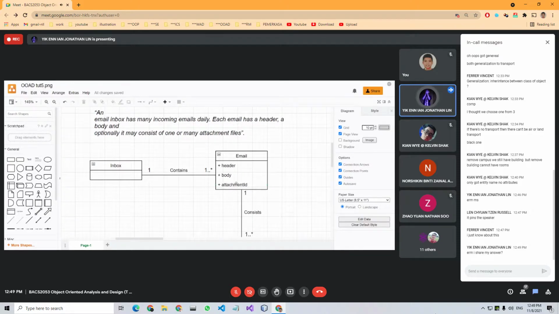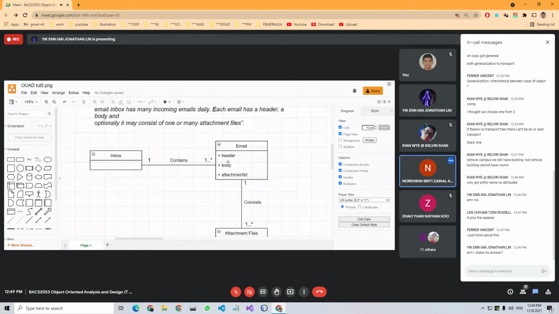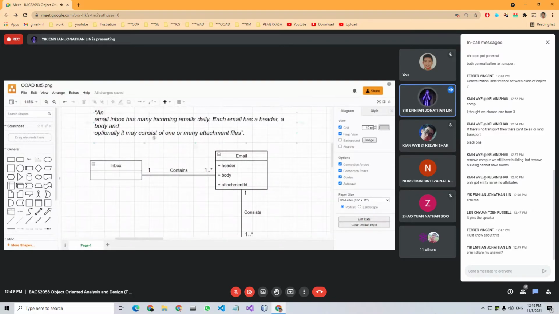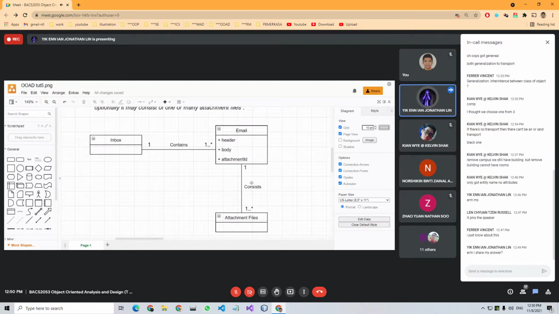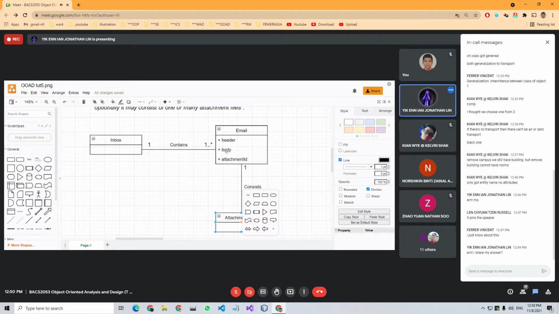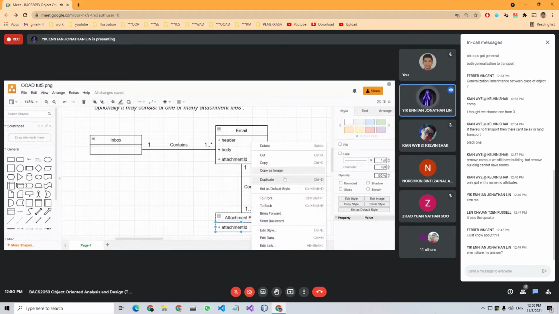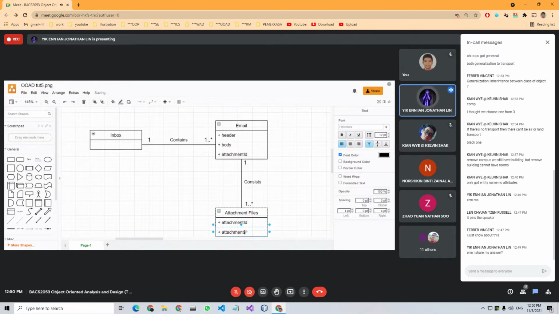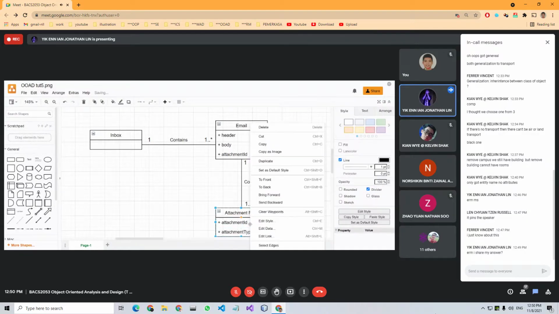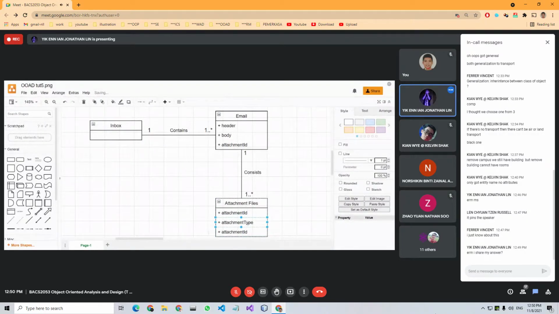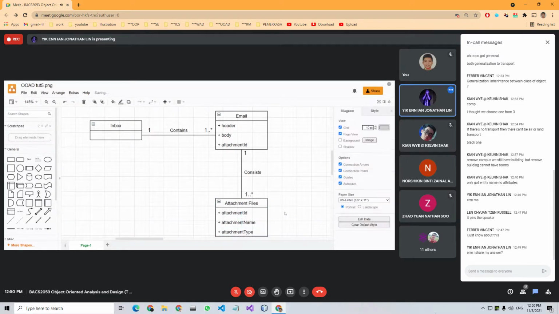So I have an attachment ID as an attribute, and maybe attachment type and name, in the email attachment file.